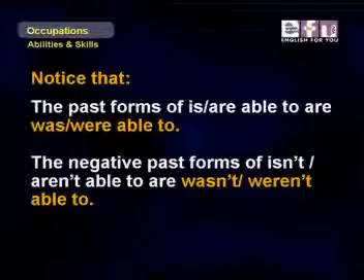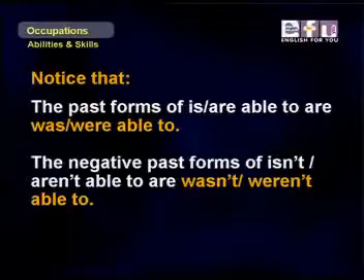Okay, now notice that the past forms of is and are able to are was or were able to. This is the past form in the positive. And the negative past forms are wasn't or weren't able to.